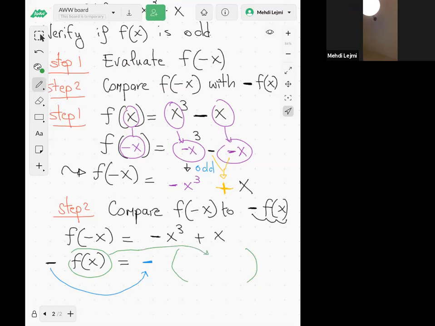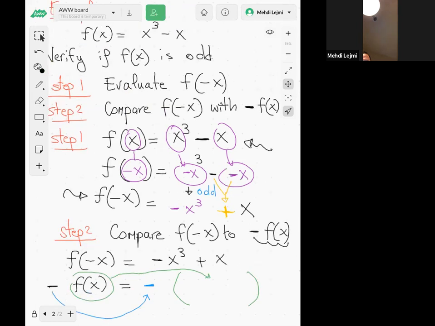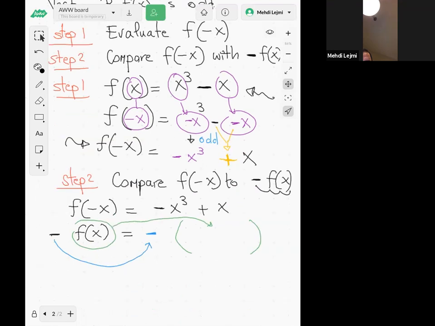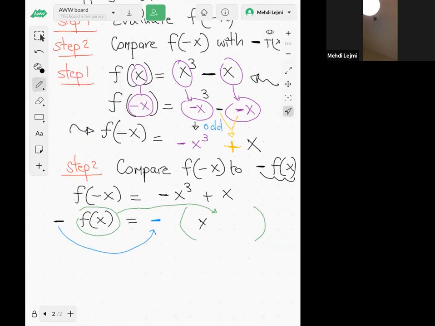So what's f of x? F of x is the initial function, x cubed minus x, right here. So I'm going to write x cubed minus x inside the parentheses. The parentheses are really important because you're going to distribute the sign. So this minus f of x is going to be equal to, first, minus x cubed.